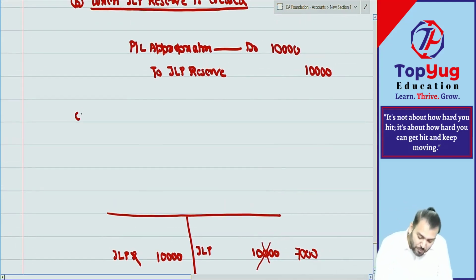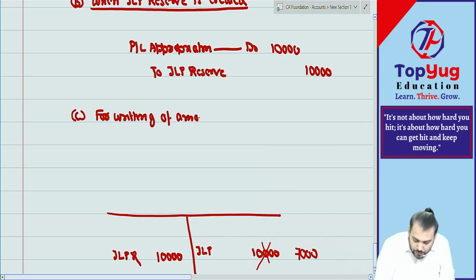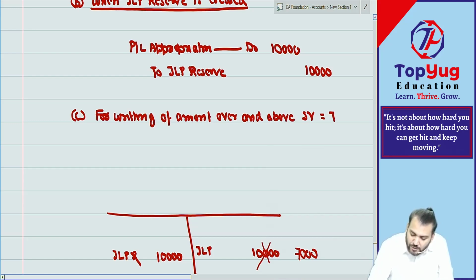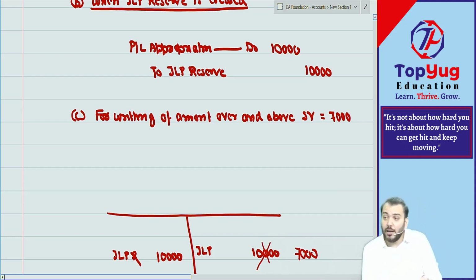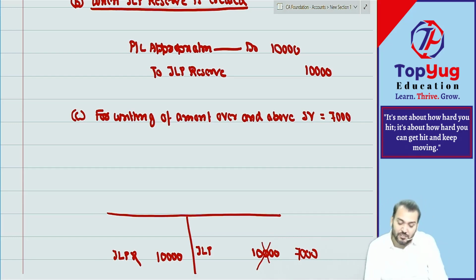Correct. So one more journal entry will be there, for writing off the amount over and above surrender value. Let us assume surrender value is 7,000. So for writing off the amount over and above surrender value, that is 3,000, what journal entry will we do?